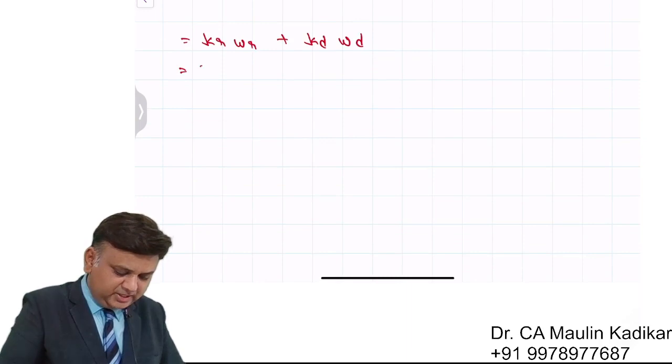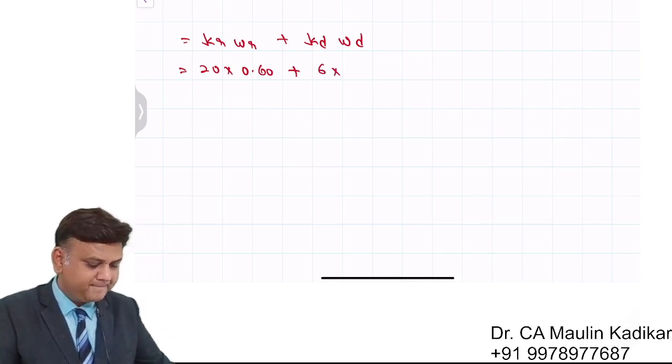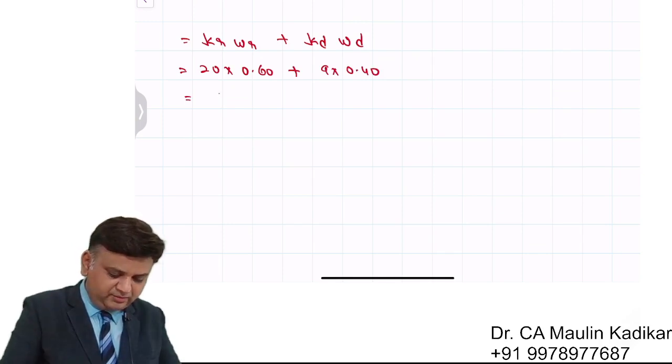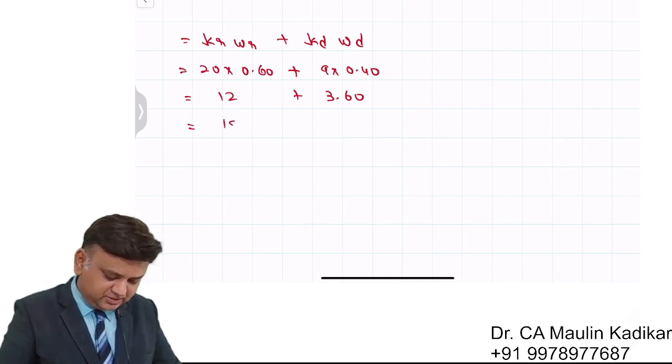So this is 20 into 0.6 plus 9 into 0.4. So in that case it is 12 plus 3.6, that comes to 15.6.